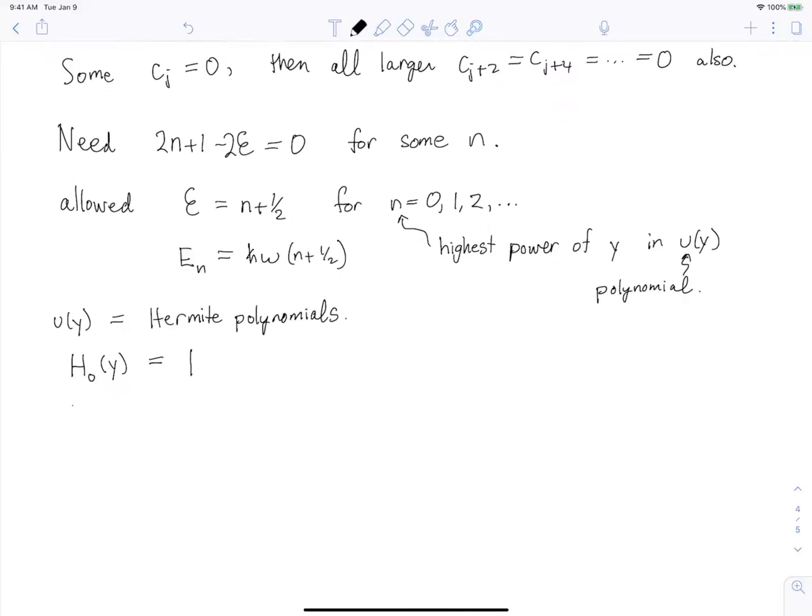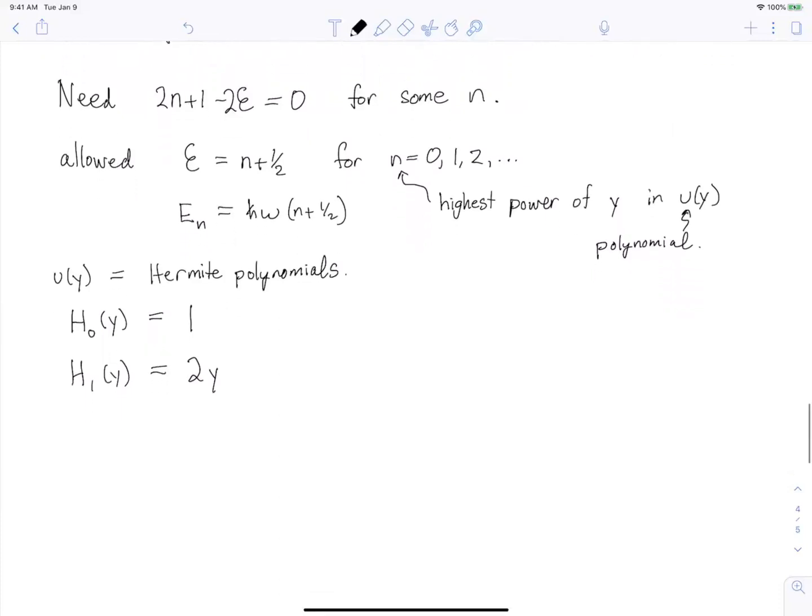Okay, h1 of y is where we choose c1 to be the non-zero one, and everything after that is 0. You might think we should choose c1 to be 1, but it turns out it's nicer if you choose it to be 2. So just by convention, h1 of y is 2y.